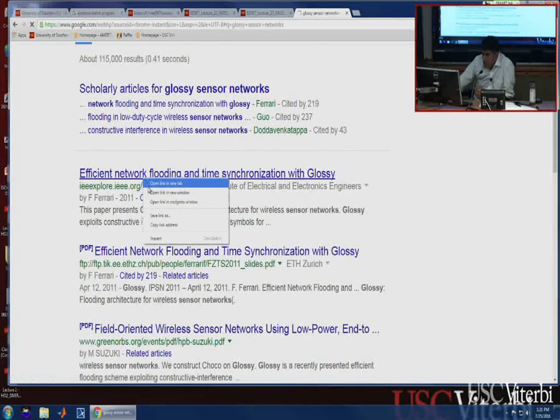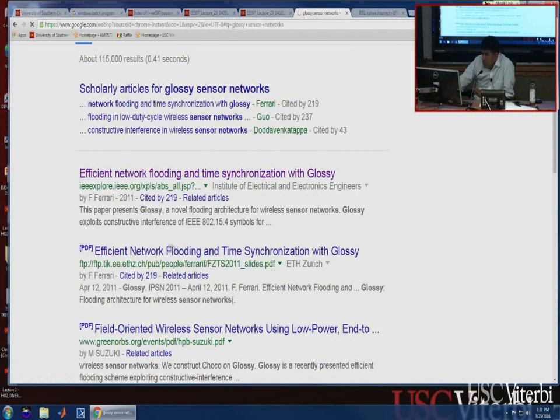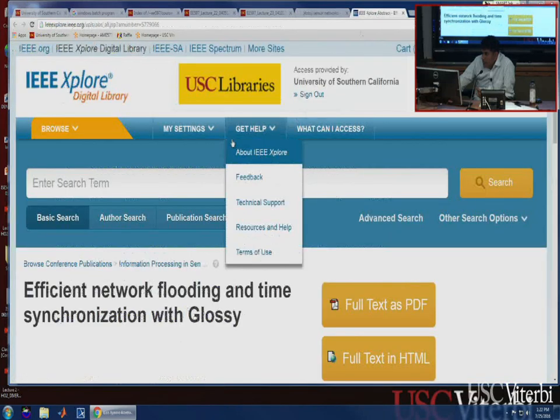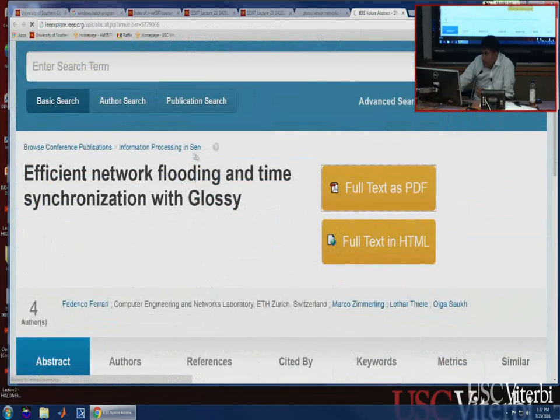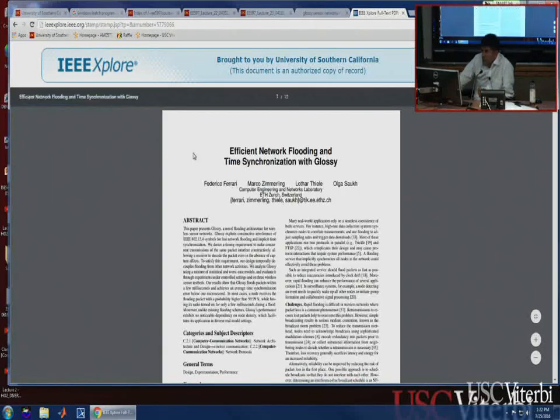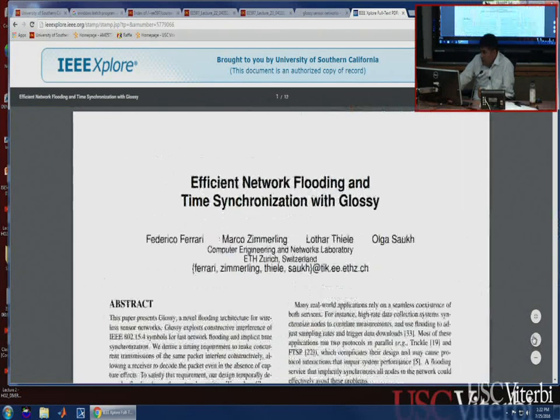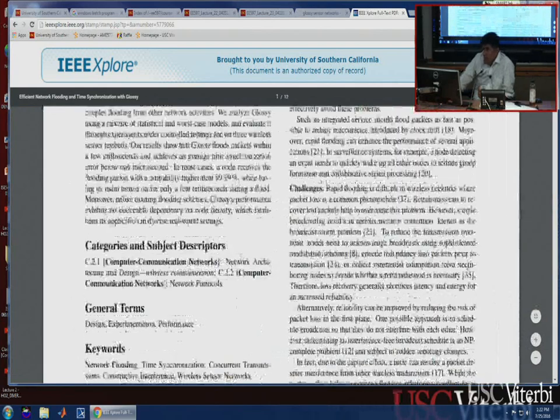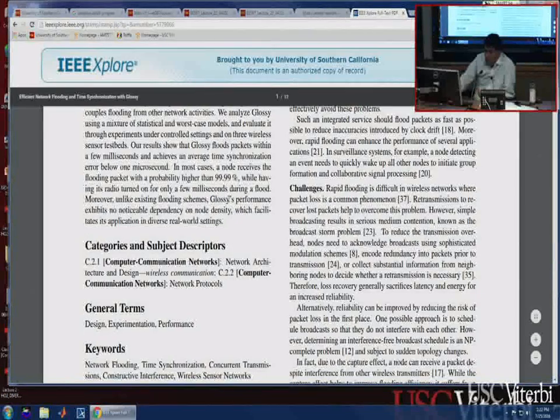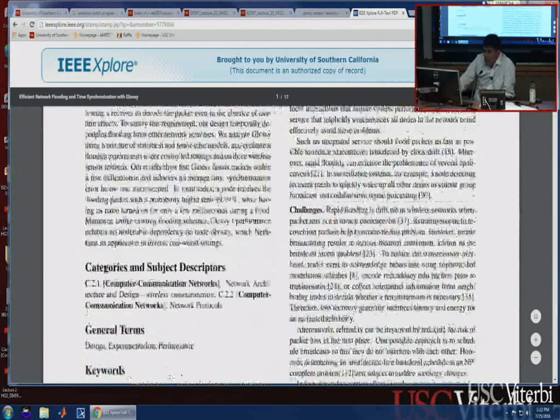Let me try this page. So the idea here with the cooperative broadcast scheme, of course, it's a type of flooding.